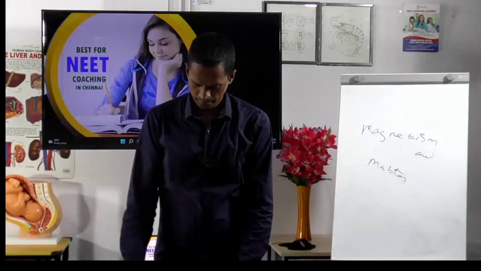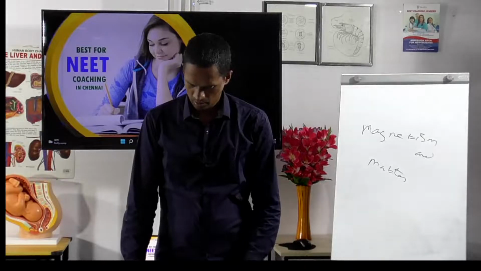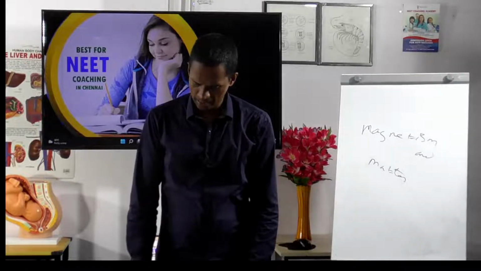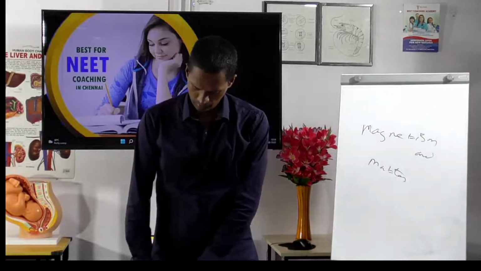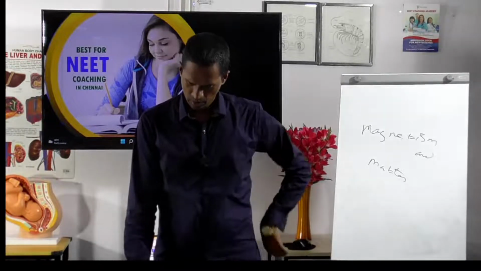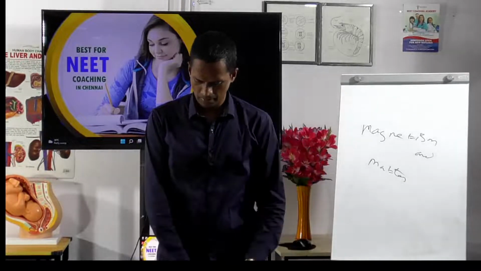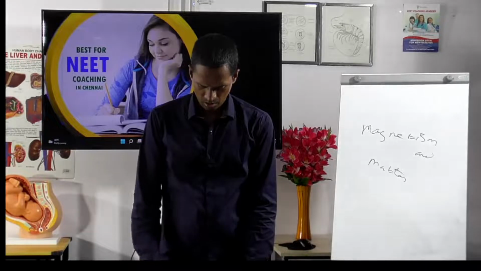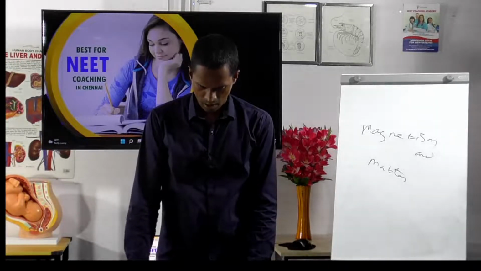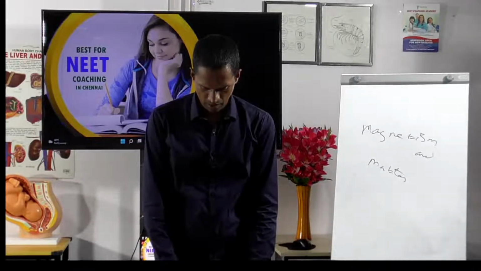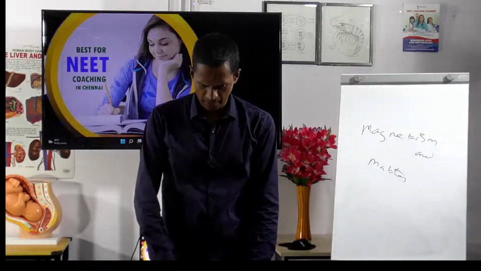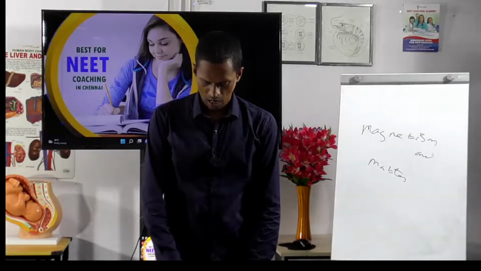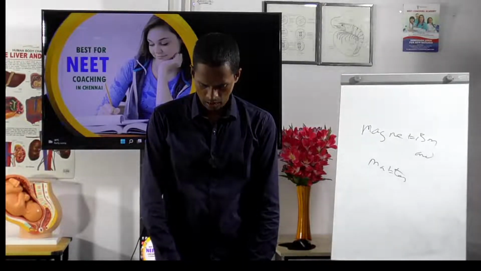Then magnetization and intensity. Magnetization versus intensity. What field did I give?